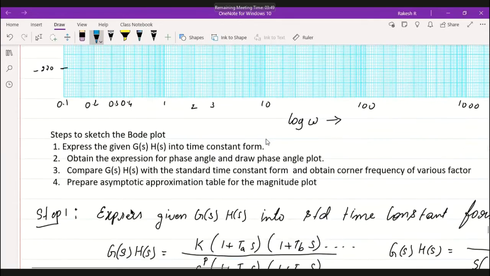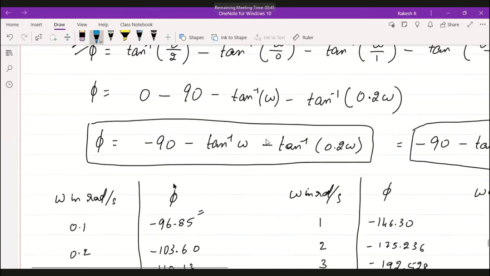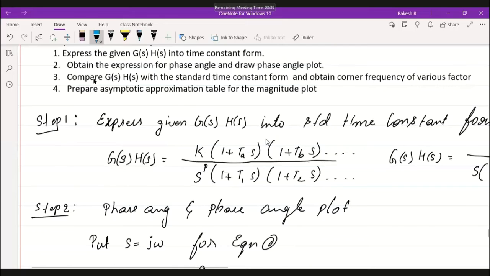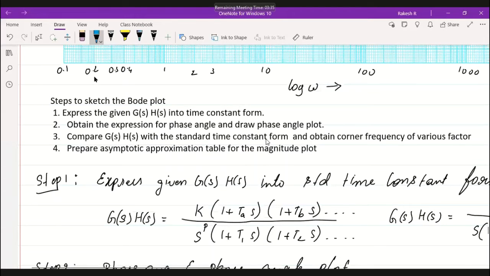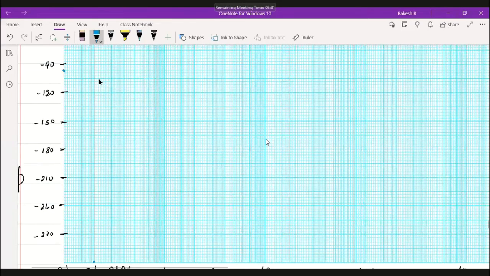Next, the second one is for 0.2, which is -103. This is the 0.2 line. Go up on the same line, -103 is somewhere here. Mark that one. Next is -110. This is the 0.3 line.